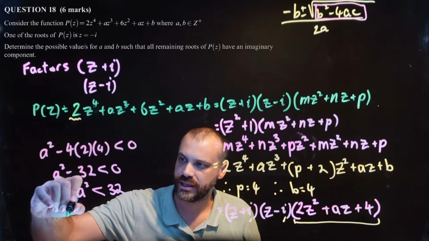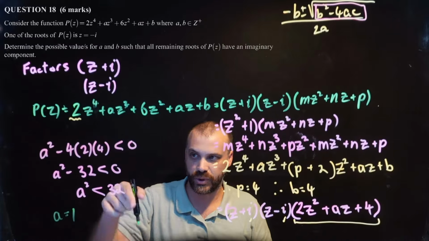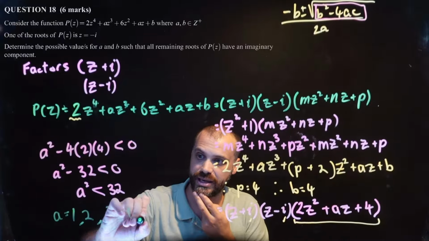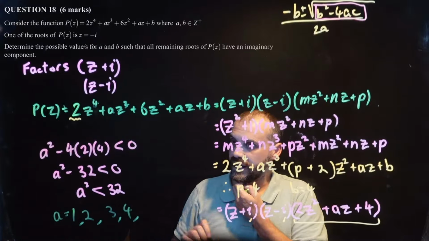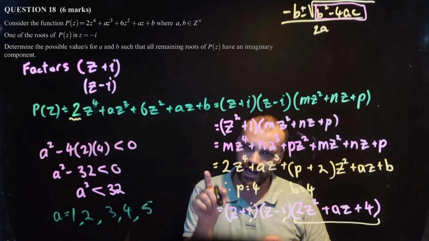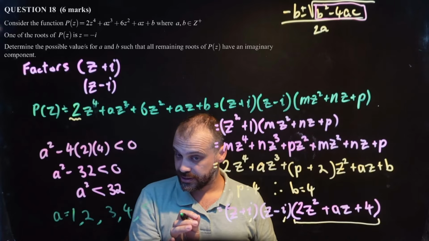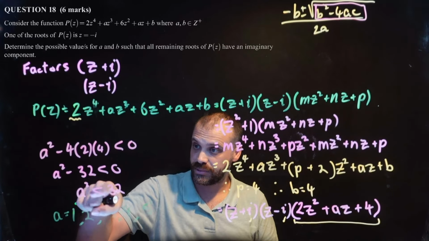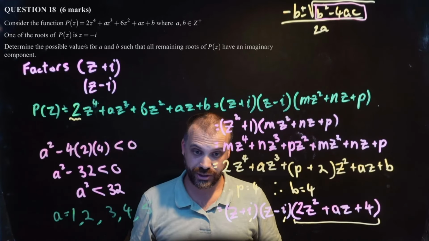Well, a can equal 1, right? Because 1 squared is less than 32. a can equal 2. a can equal 3. a can equal 4. Can a equal 5? Yes, it can. Now, if a was equal to 6, that would be 36, and 36 is not less than 32.